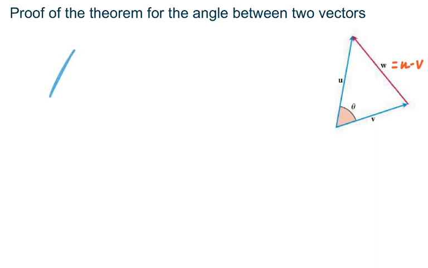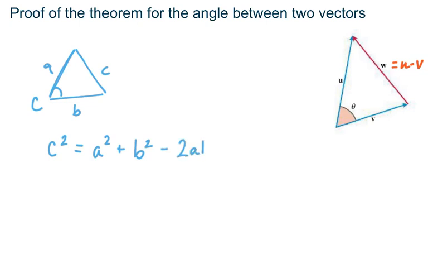And just to refresh your memory, if we had a triangle a, b, and c, and we were trying to find, say, angle C, the law of cosines would say c squared equals a squared plus b squared minus 2ab times the cosine of that angle, capital C. All right, so that's my law of cosines. We learned that in trig, and we're going to apply that to this triangle that we have here, u and v, and the resultant of the difference of those vectors, u minus v.